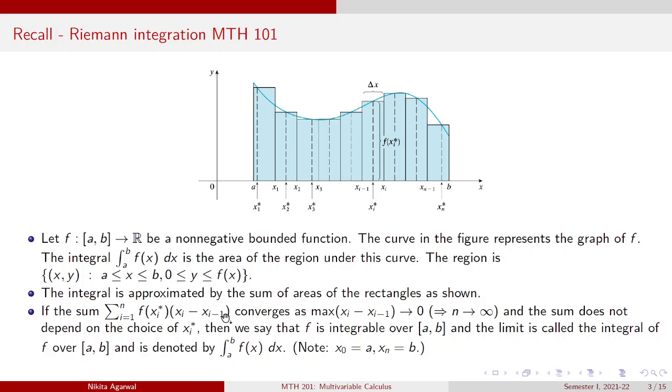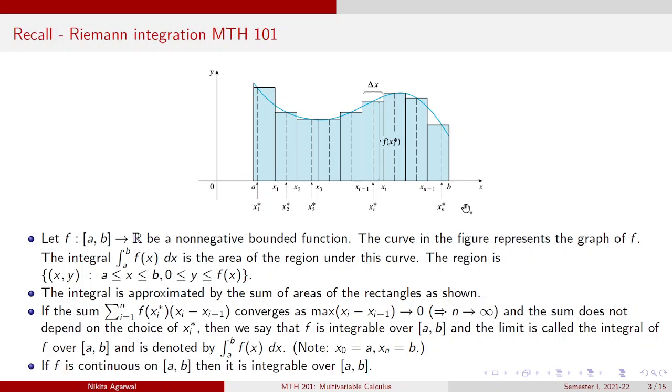So if this converges as the lengths of intervals go to 0, and the sum does not depend on what point you pick in the subinterval, then we say that f is integrable over the interval [a, b], and the limit is called the integral of f over [a, b], and it's denoted as this, right? And here in this particular notation, x0 is a and xn is b.